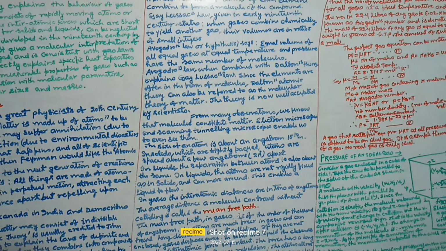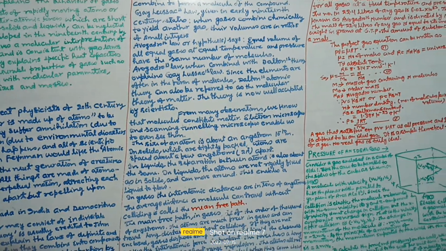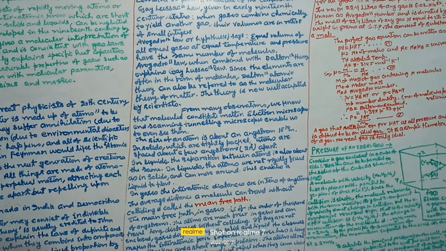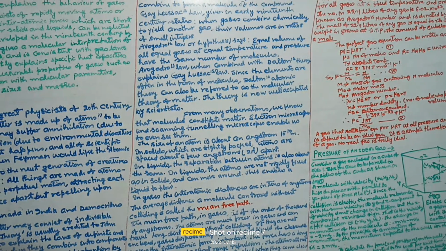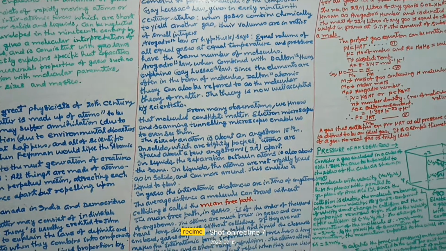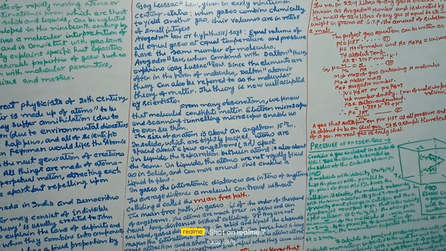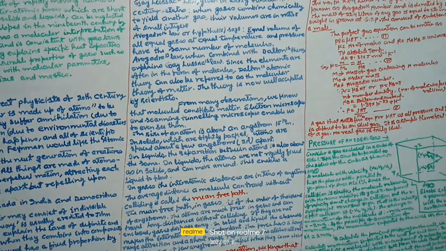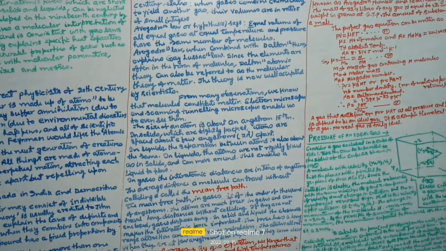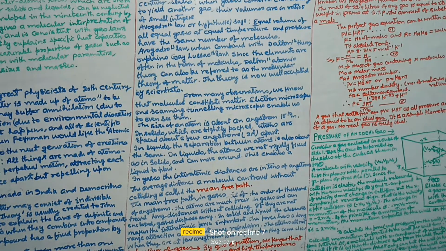In gases, the interatomic distances are in tens of angstrom. The average distance a molecule can travel without colliding is called the mean free path. The mean free path in gases is of the order of a thousand angstrom. The atoms are much freer in gases and can travel long distances without colliding.